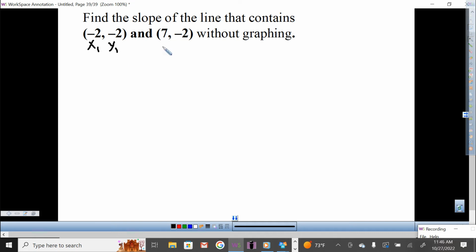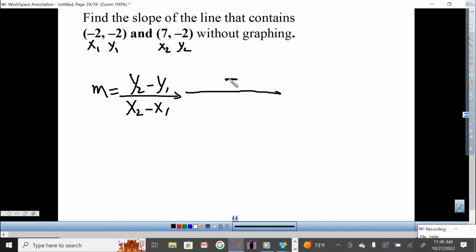That means this is x2, y2. Yeah, x1 y1 x2 y2. Formula: y sub 2 minus y sub 1 over x sub 2 minus x sub 1, blank, minus, and minus. Make sure you put those minuses first, or else you're going to make a mistake.